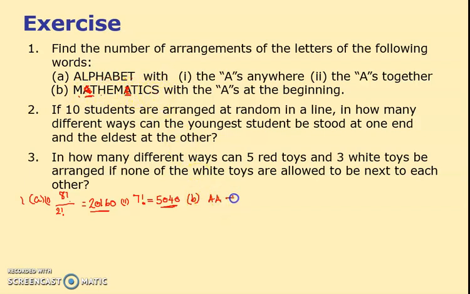So I'm now looking at 9 factorial. No restrictions on these, but obviously the M's are the same, so I divide by 2 factorial. I've got 2 T's, so divide by 2 factorial. Yeah, I think that's it. 9 factorial divided by 2 factorial divided by 2 factorial. Typing that into my calculator, I get 90,720 ways of doing that.